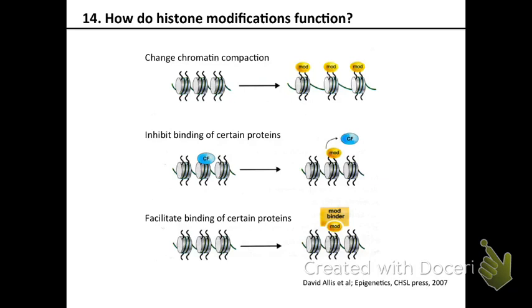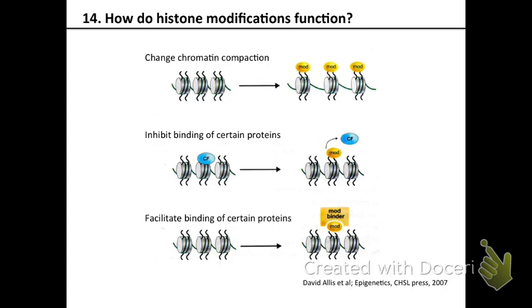Nucleosomes have a kind of hockey puck shape, so you have histones and the DNA wrapped around them, and they pack on top of each other. Lysine 16 acetylation prevents that packing because it sticks right out here and prevents that. So that's one example of how histone modifications can function.